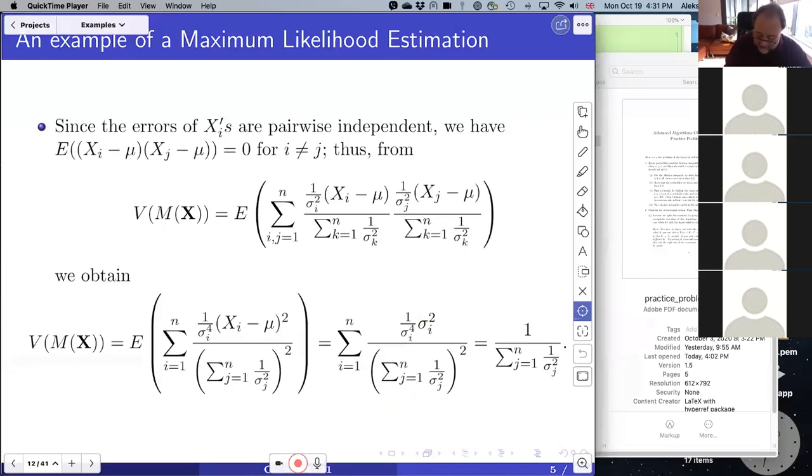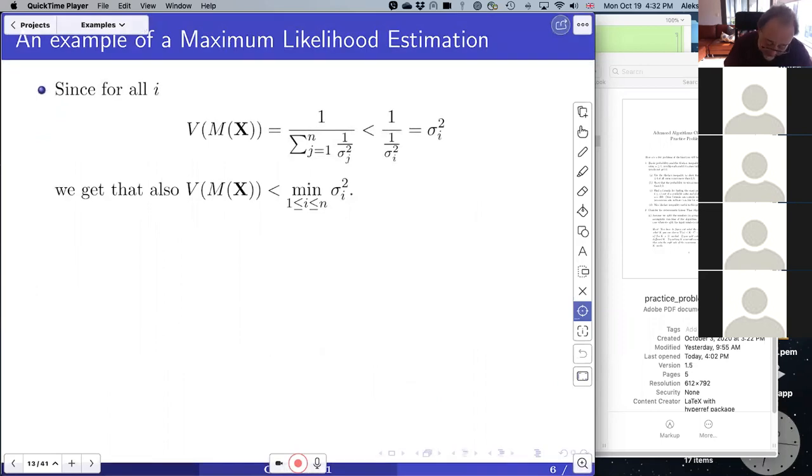And then this sum cancels 1 on the bottom, and you get just 1 over the sum of the reciprocals of all the variances. Now notice, this is our variance, but this sum is strictly larger than any of the individual terms that you sum up, because it's a sum of strictly positive values.